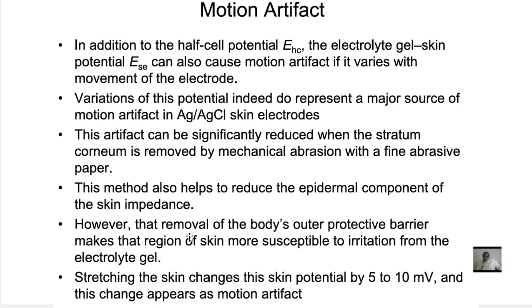However, the removal of the body's outer protective barrier makes that region of the skin more susceptible to irritation from the electrolyte gel. Stretching the skin changes the skin potential by 5 to 10 millivolts. Stretching also changes the skin resistance, that's why the skin potential changes by 5 to 10 millivolts, and this change appears as motion artifact.